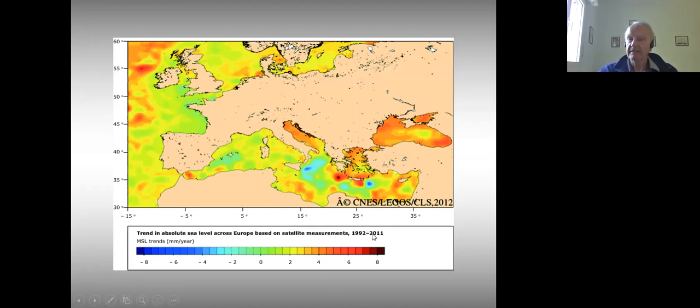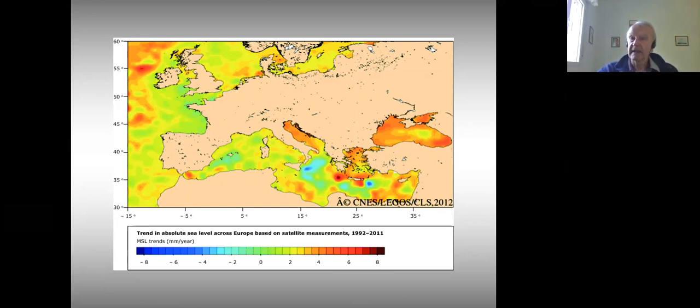This is for the period 1992 to 2011, so it's only 19 years, but already in that relatively restricted time range, we can see how heterogeneous the trend in absolute sea level is across Europe.